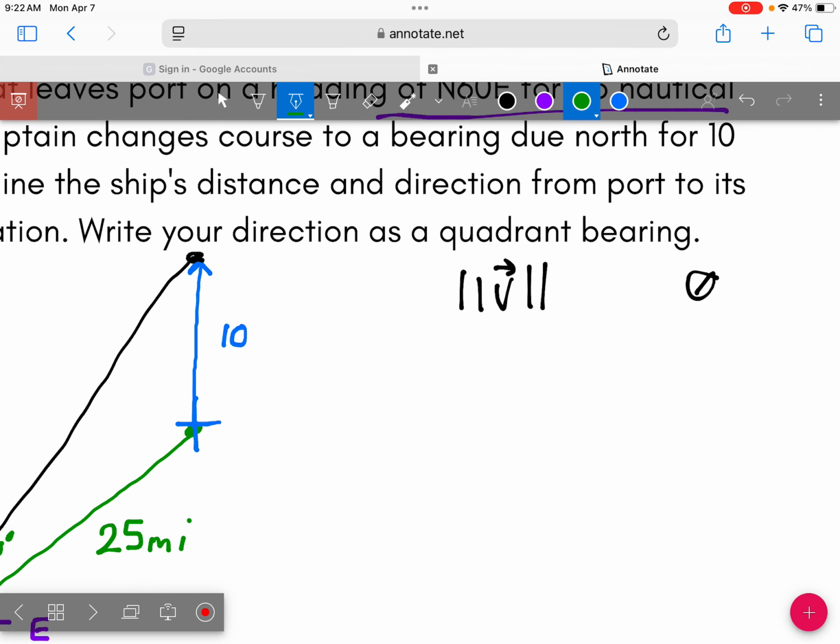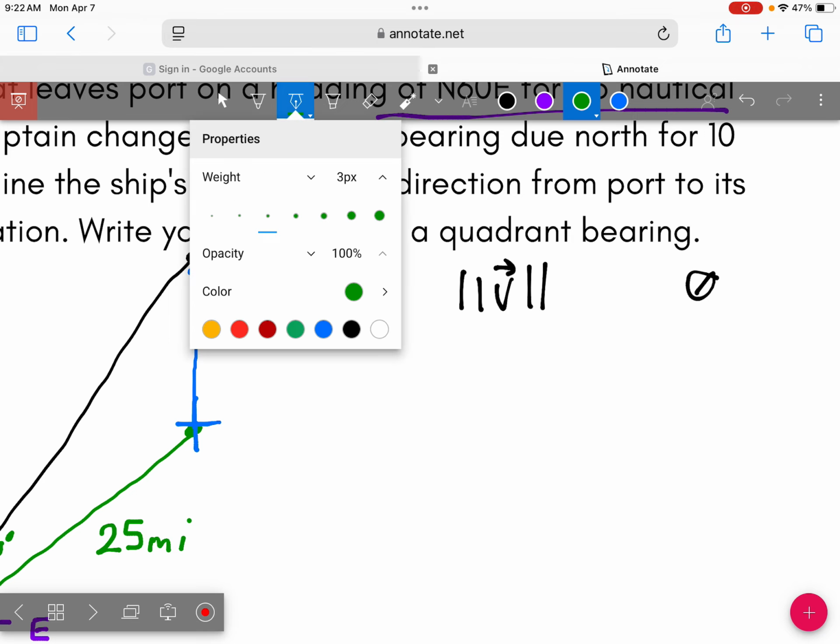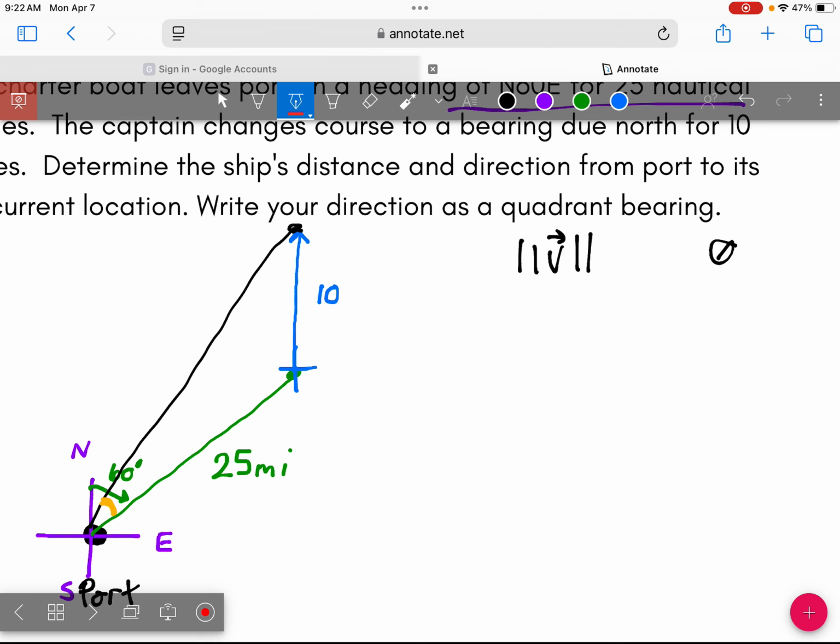So if I want to write a vector for the green piece, if we put it into our component form where we have our magnitude, which is 25, then we do cosine for our x's.